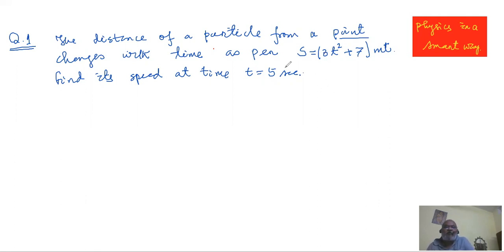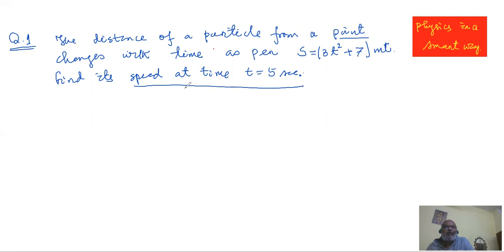If we try to go for the solution, we know our job is to find the speed at time t equal to 5 seconds. Just like in the last some cases, I would ask you to pause the video and think about the situation. And if there is some difficulty, you can continue watching the video. If you are able to solve it yourself, then it is well and good.